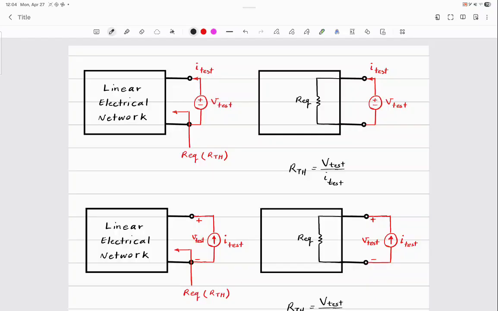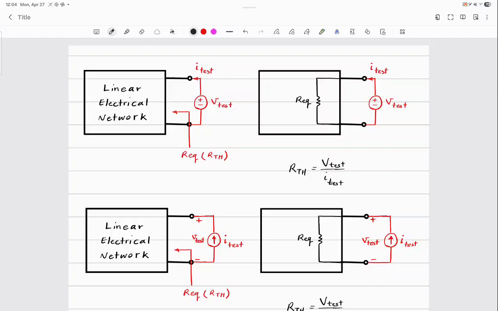So what is the method that you should go for? Test source method. Either a test voltage source or a test current source. You choose the value of your source yourself, usually 1 volt or 1 amp, it doesn't matter. And then you calculate the other parameter.